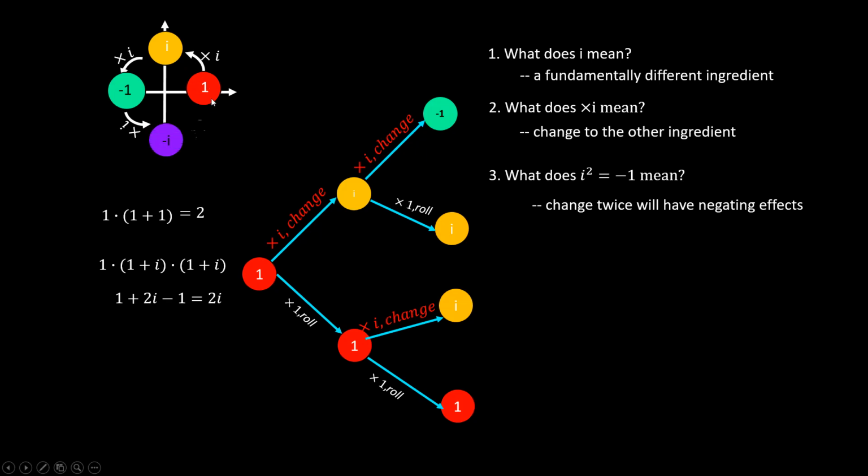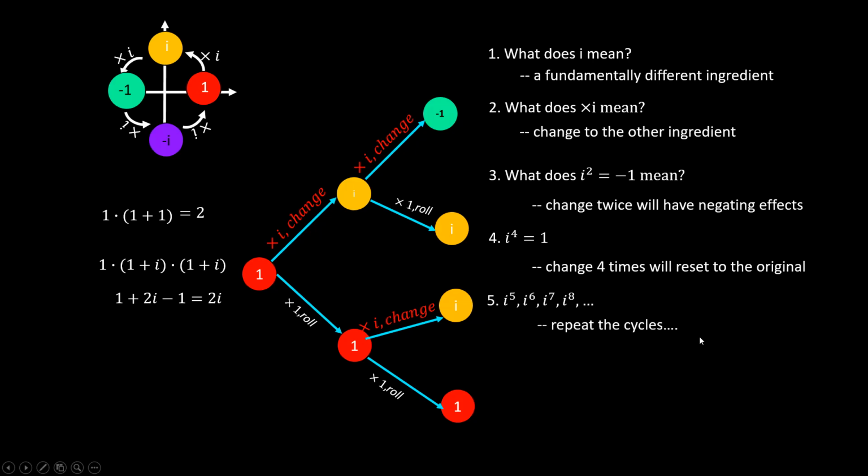Change again, you're back to the original. If you keep multiplying i 5, 6, 7 times, the cycle repeats. So we have ingredients along 2 dimensions. One dimension won't affect the other, but along each dimension, we have 2 elements opposing one another.